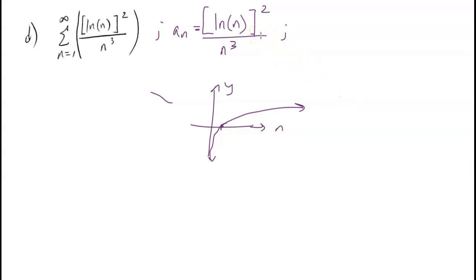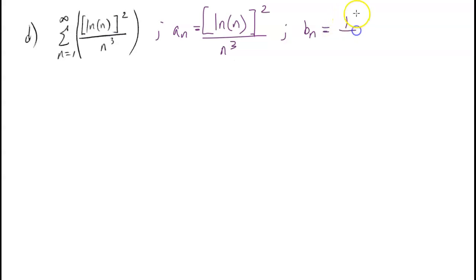Okay. So at first glance, one of the things that we could probably do, and you're going to see why we probably shouldn't do this, but you probably need to go through this one time just to realize it for yourself, is that for b sub n, we would probably want to say, well, let's just let this be 1 over n cubed.